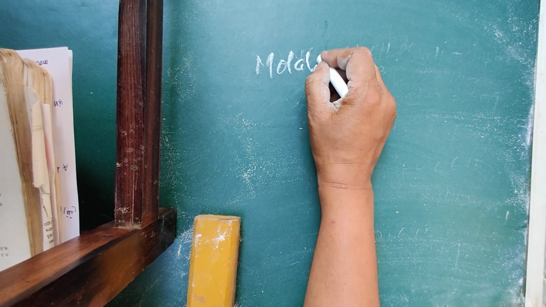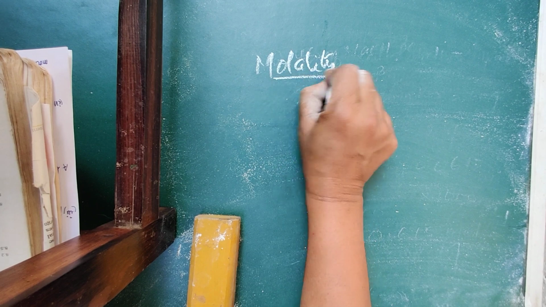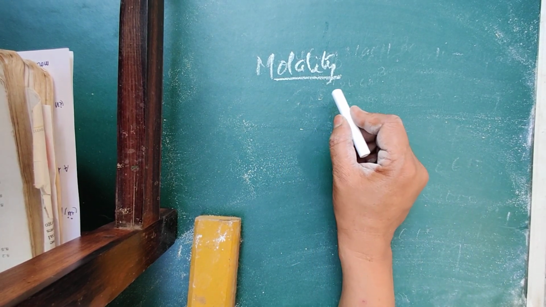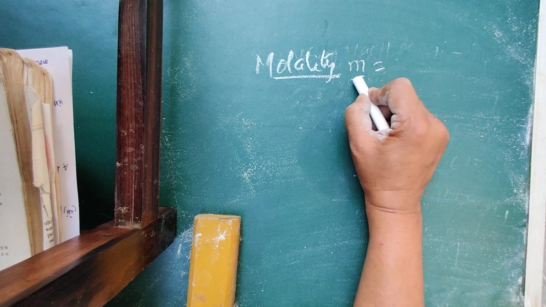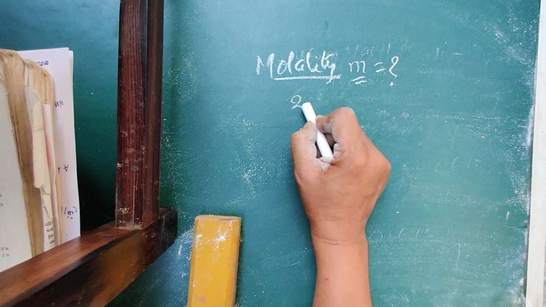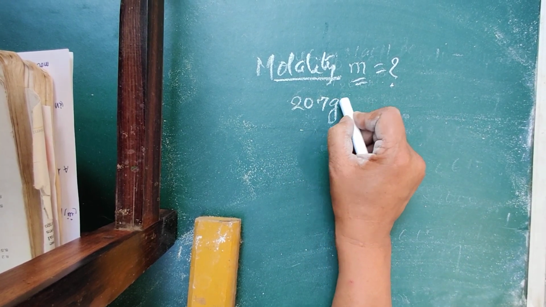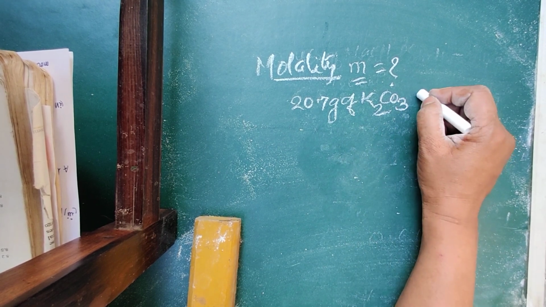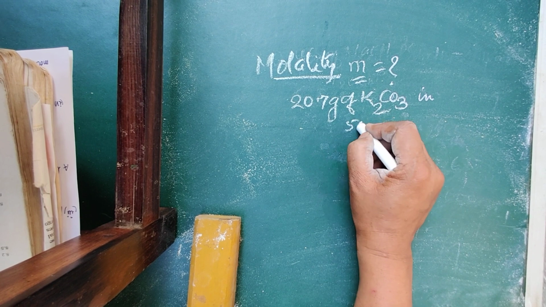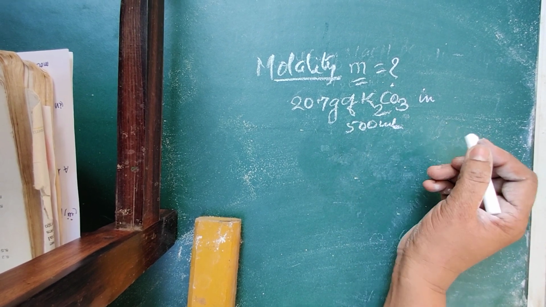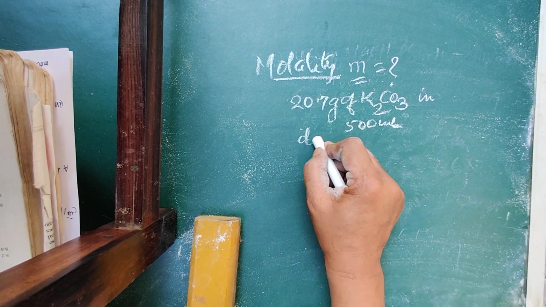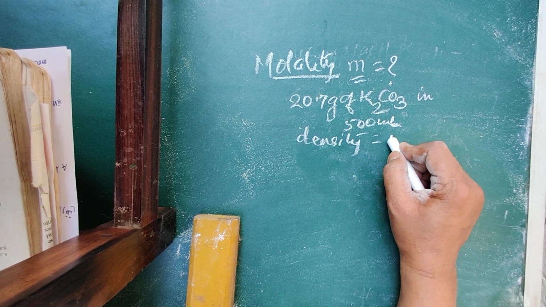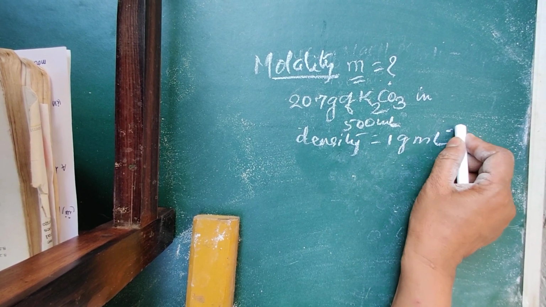Next, molality. You have to find m. If 20.7 gram of K2CO3 is dissolved in 500 ml, density given is 1 gram milliliter.